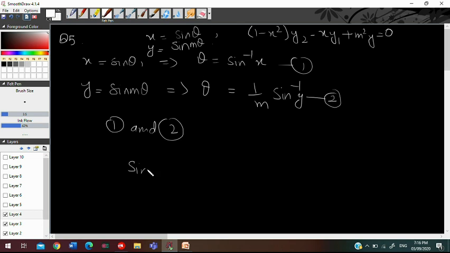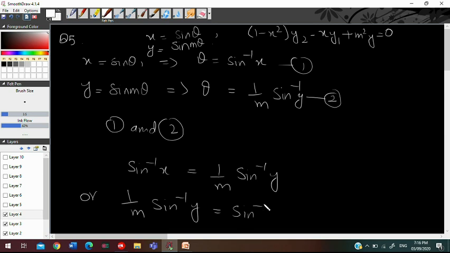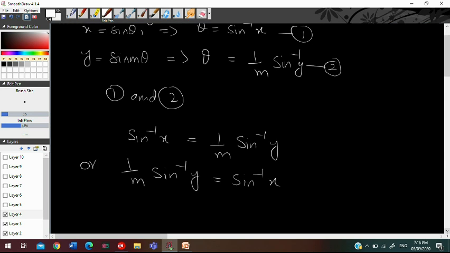So we can write sine inverse of x is equal to 1 by m sine inverse of y. Or if we change this, I write 1 by m sine inverse of y is equal to sine inverse of x, because we need y on this side of our equation.